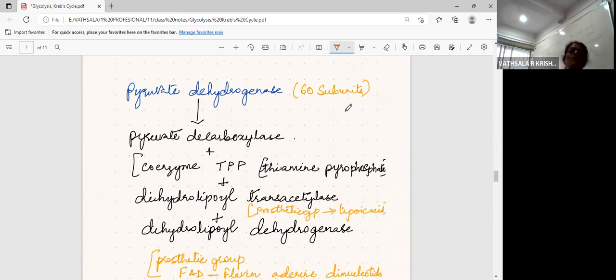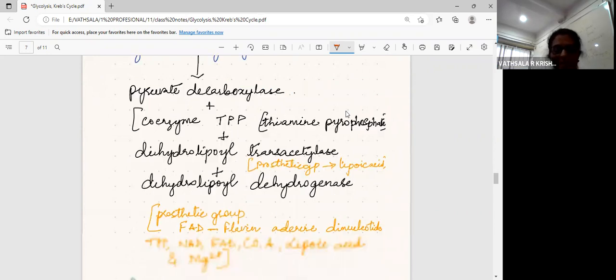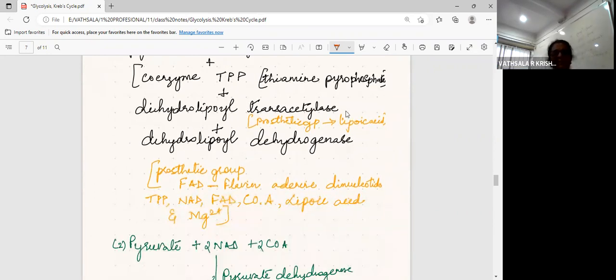This is a complex enzyme which has 60 subunits. The coenzymes and prosthetic groups are TPP, dihydrolipoyl transacetylase, dihydrolipoyl dehydrogenase, FAD, NAD. You need not remember all these.